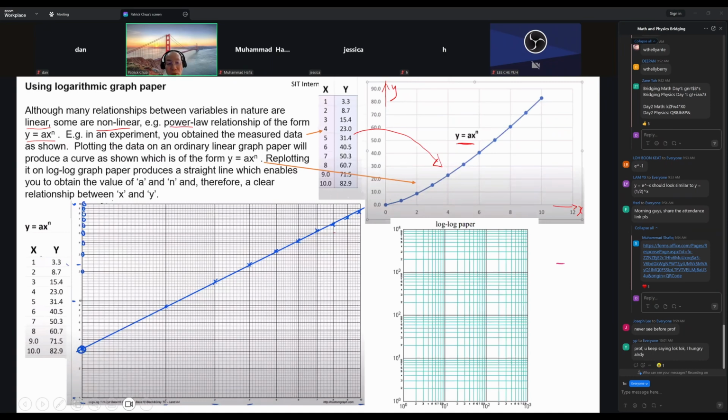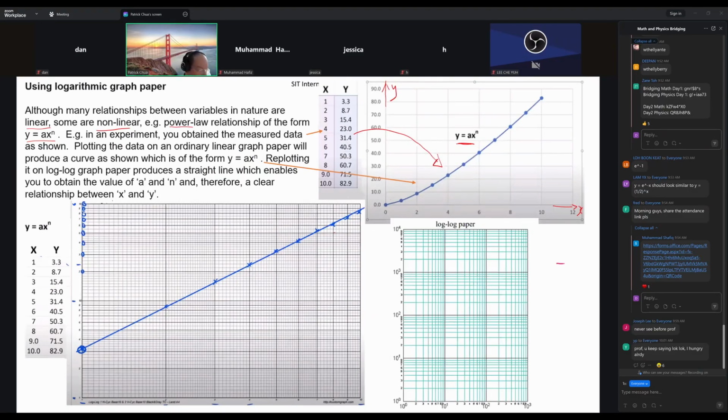You plot, and then you realize, wow, by so doing you have converted a curve plotted on ordinary graph paper into a straight line on the log graph paper. And straight lines are easiest to evaluate.